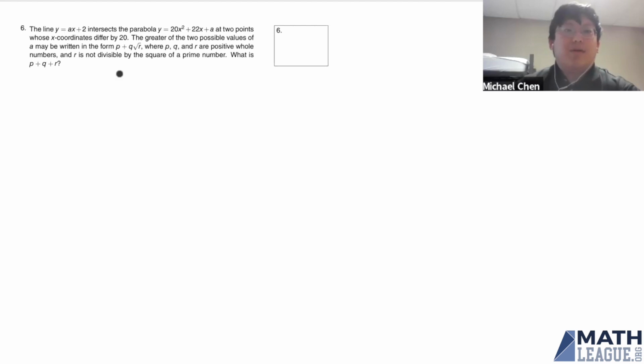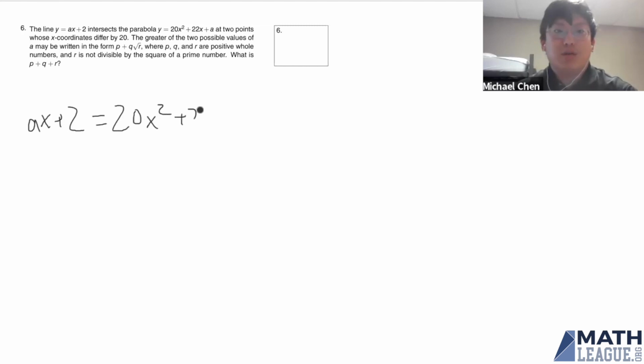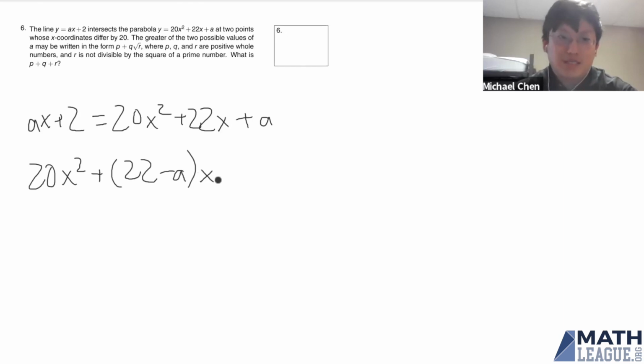So what we have here is that these two equations, y equals ax plus 2 and y equals 20x squared plus 22x plus a, intersect at 2 points, right? And let's first find the x coordinates of those 2 points. If we rearrange this equation, we get 20x squared plus (22 minus a) times x plus (a minus 2) is equal to 0.